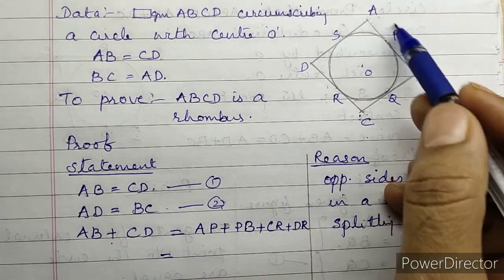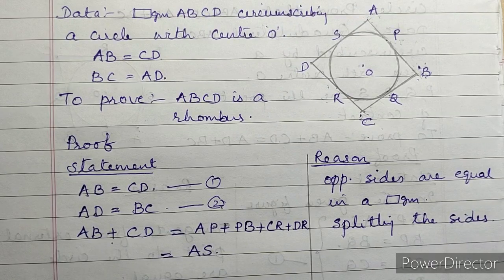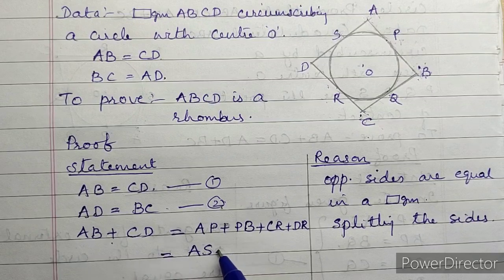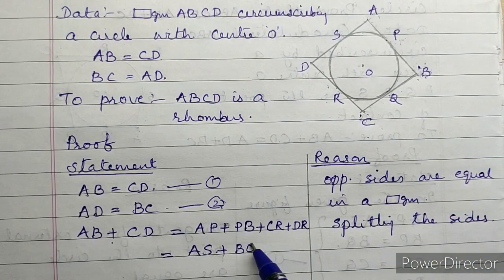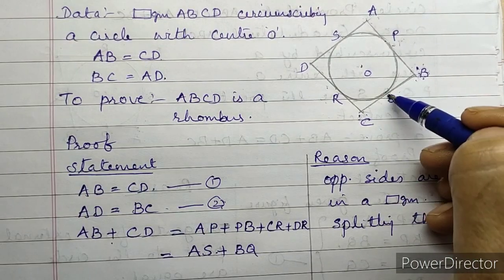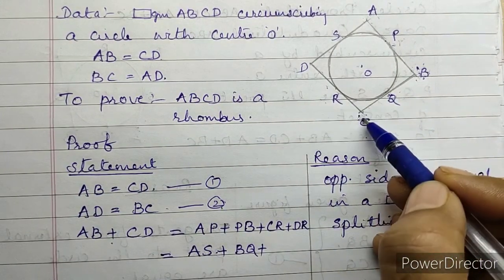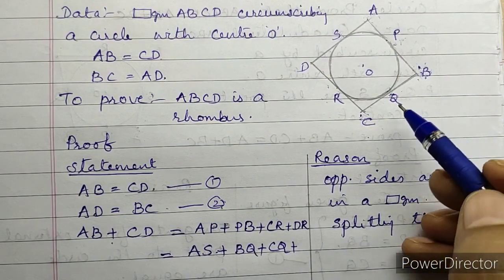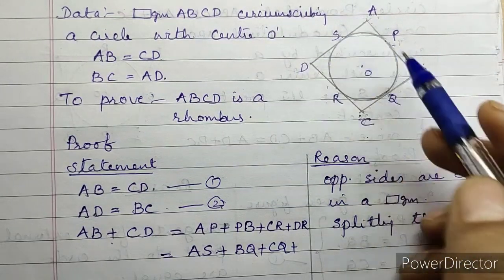Now instead of AP you can write AS. Why? Because AP and AS are equal. Instead of PB you can write BQ, because PB and BQ are equal. Now instead of CR you can write CQ, plus, instead of DR you can write DS.